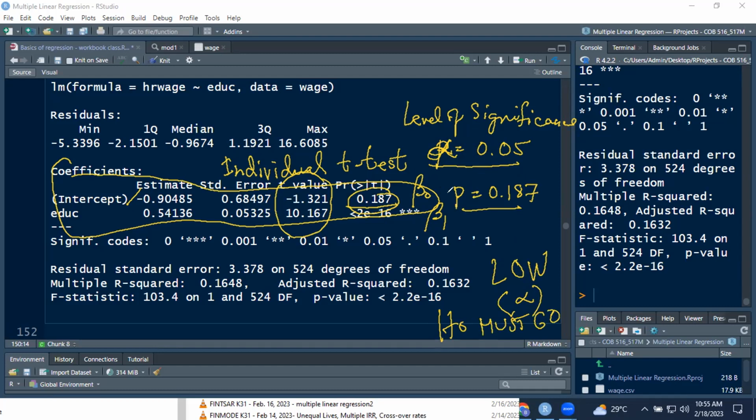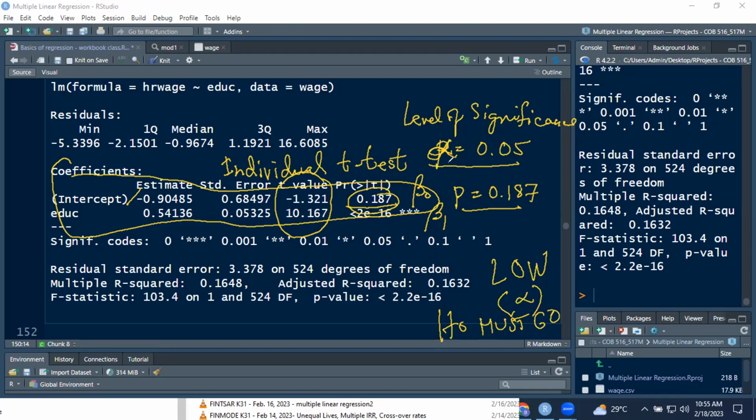Ulitin ko, when the p is low, the null must go. Para madali maintindihan. So dito, the probability is 0.187, and it's greater than 0.05.